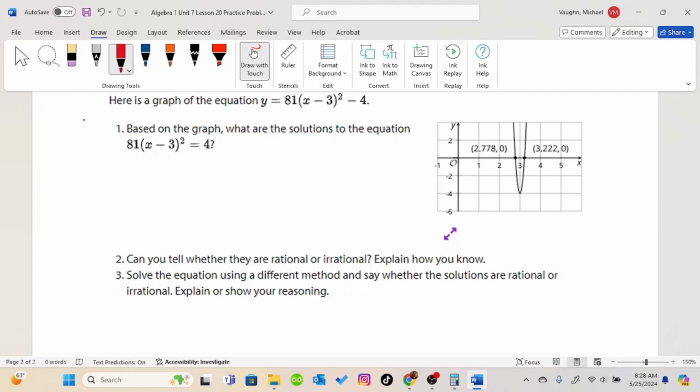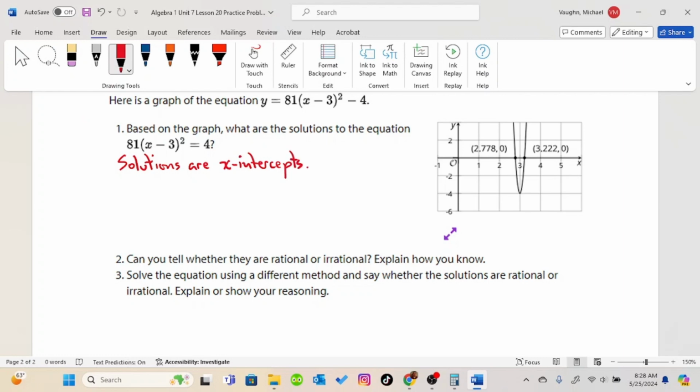So here is where you need to remember solutions are x-intercepts.